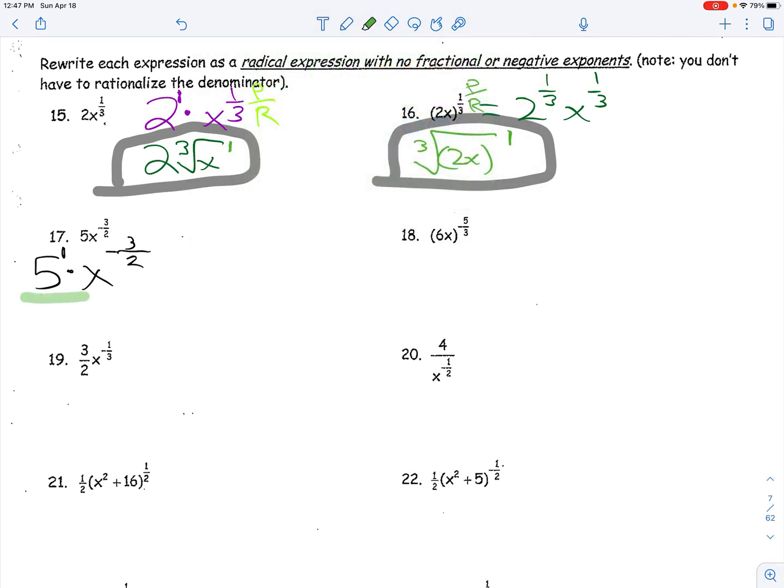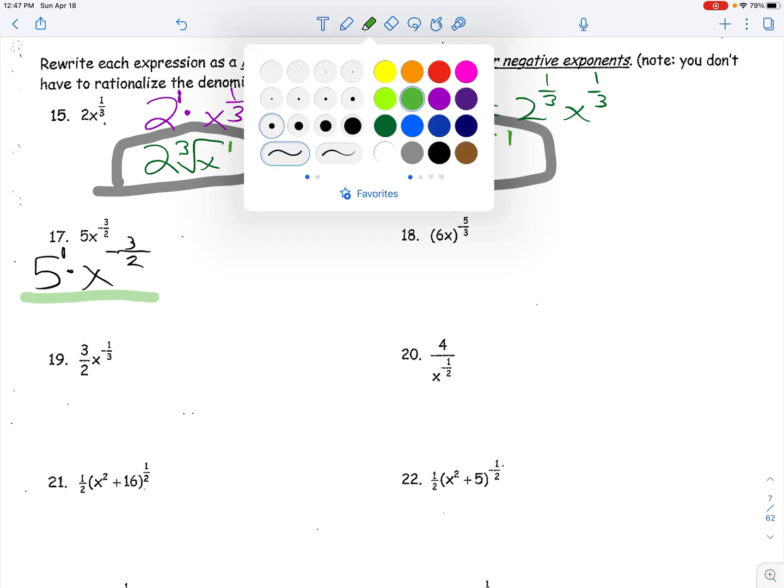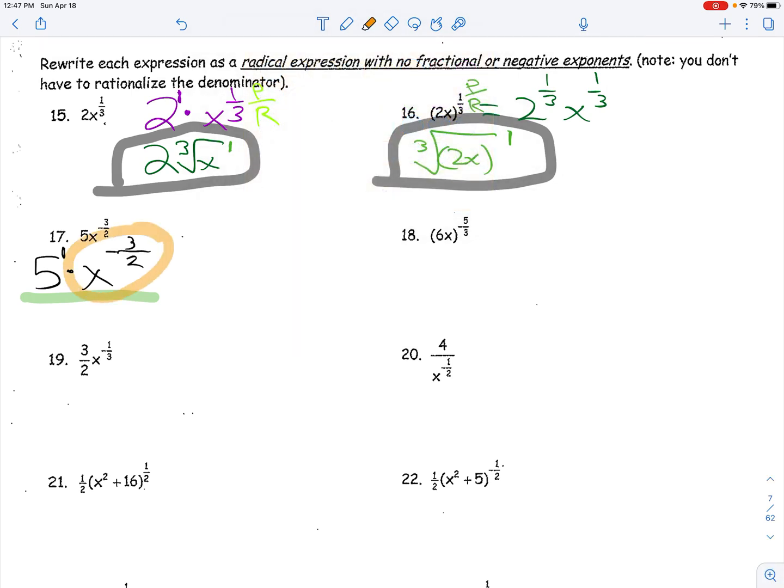We're gonna have to make that negative exponent here a positive, right? I'll move that downstairs. You could change it to a radical first, right? We said that the order doesn't matter. So this would be the 5 is still in the numerator over x now to the 3/2 power. The negative exponent changes, right, to a positive. And then x to the 3/2 here.